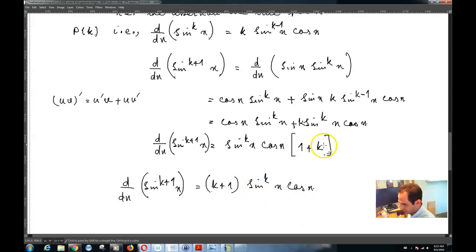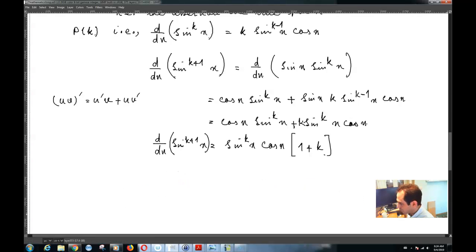And that's exactly the same thing as 1 plus k times sine raised to the power k of x times cos x. Therefore P of k plus 1 is true.